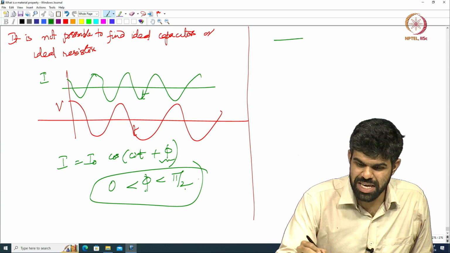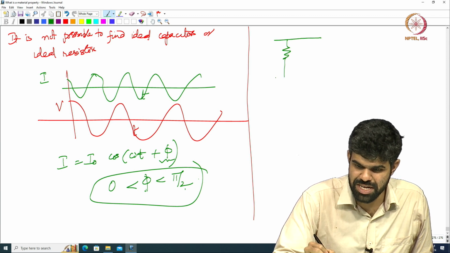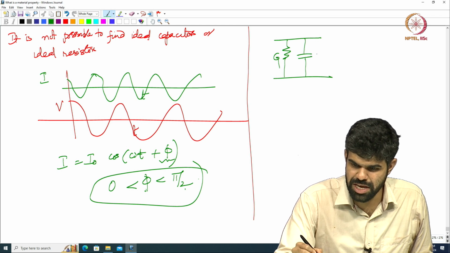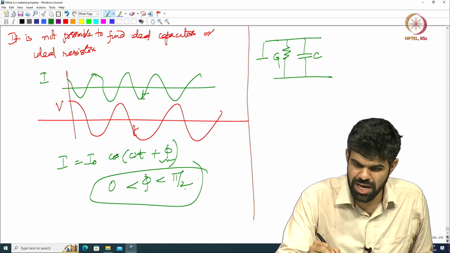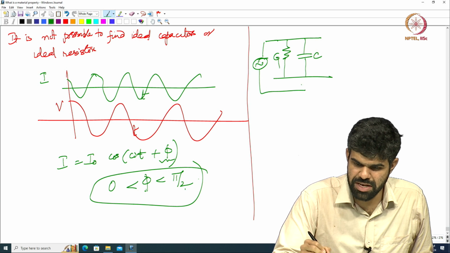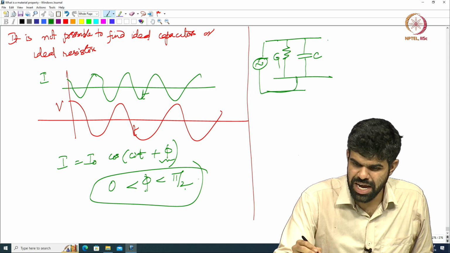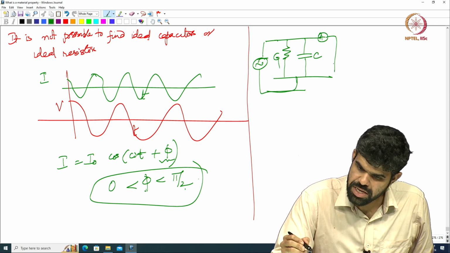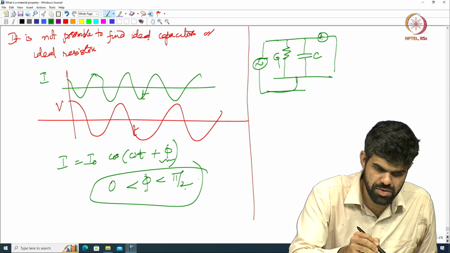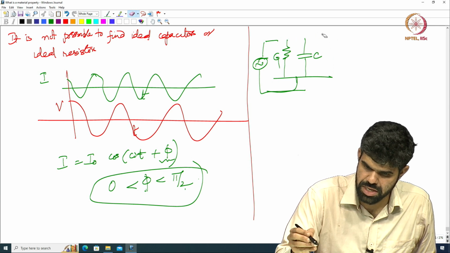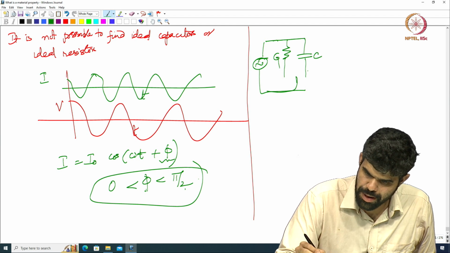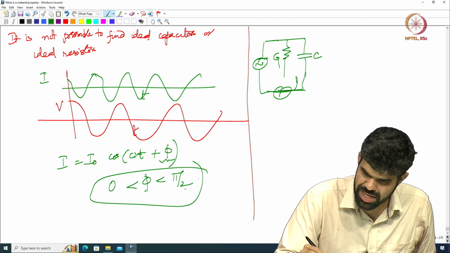In fact, the equivalent circuit for that will be a resistor with conductance G and a capacitor in parallel with capacitance C, and I apply an AC voltage across that, and then I measure the ensuing current.